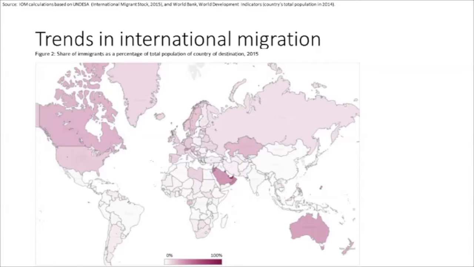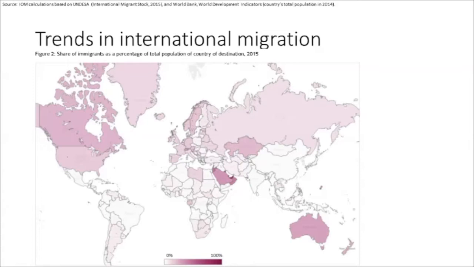So some of the immigrants coming to the United States are undocumented migrants. You can see here as well, opposite to what we saw on the previous map, that it's the Western European countries who have a relatively high share of immigrants, because the Western European countries are receiving migrants from Eastern Europe, from Africa, but also from some Asian countries.